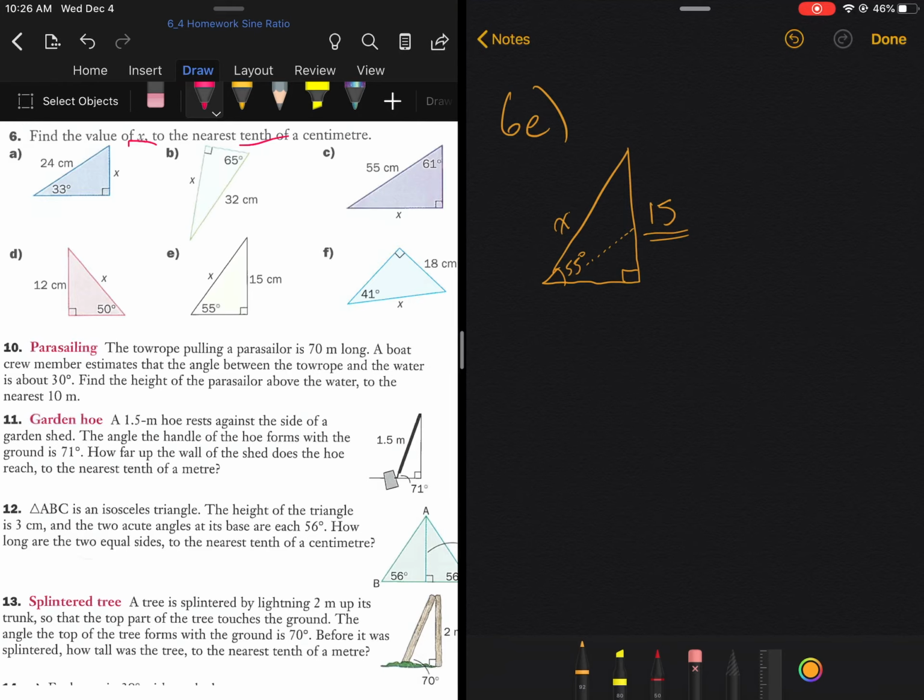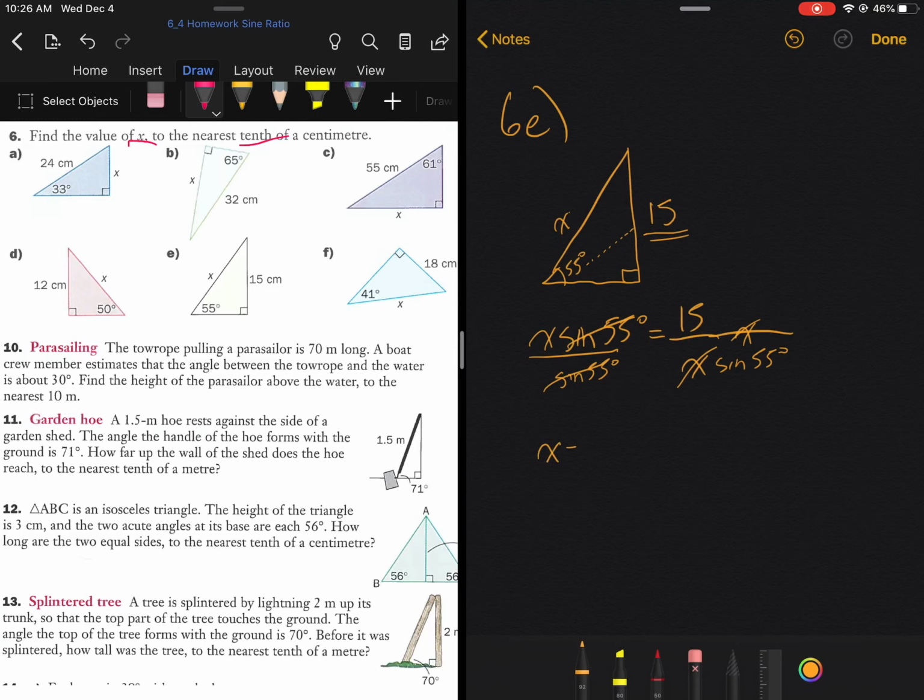We want our hypotenuse. Sine of 55 degrees equals opposite over hypotenuse. Multiply both sides by x. There we go. Divide both by sine of 55, which is just a number, really.